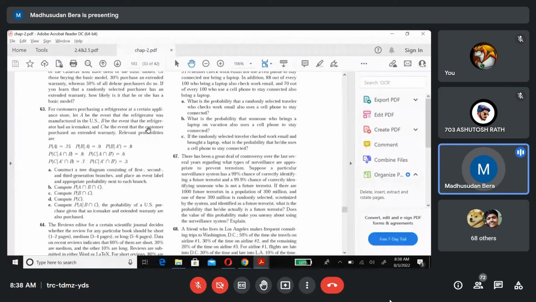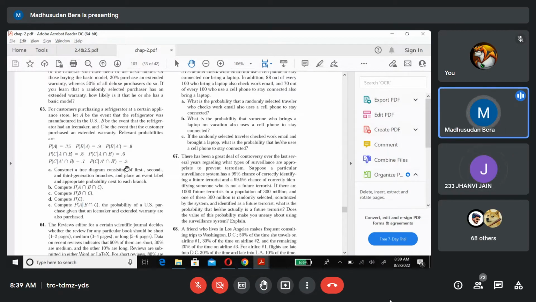And C is the event the customer purchased an extended warranty. Some relevant probabilities are given: P of A, P of B given A, B given A dash, and so on. How many are there: 1, 2, 3, 4, 5, 6, 7. 7 things are given.